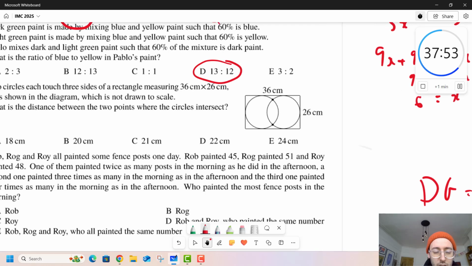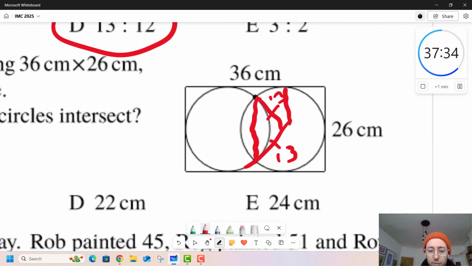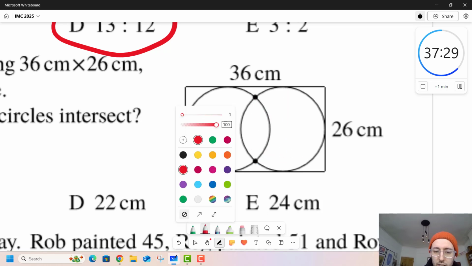Okay. What's the distance between the 2 points where the circles intersect? Those two distances. Okay, well, the radius is 13. So I've got a little isosceles, so that's 13 and that's 13. Actually, let's zoom in on that a bit more. Let's make this pen a bit smaller.